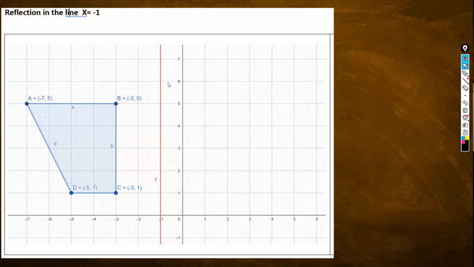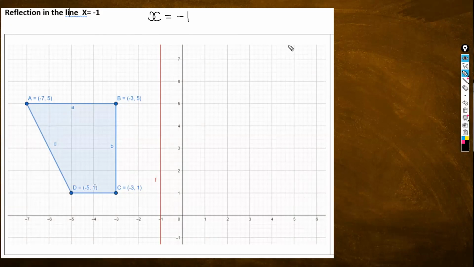All right, so here's another question. This one here, they ask you to reflect the shape in the line x is equal to -1. This is a very popular type of question in the exam, okay? This question is different from the other questions.